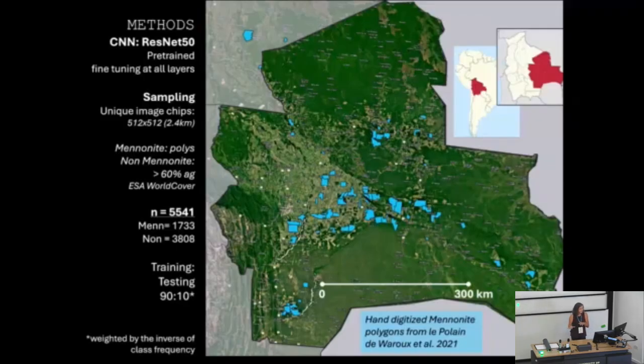We use the pre-trained model, and then we let it fine-tune on all the layers. And then we had to think a little bit about sampling. The blue that you see here was just dumb luck: this article of Pious Pioneers had actually hand digitized the colonies in all of Latin America.